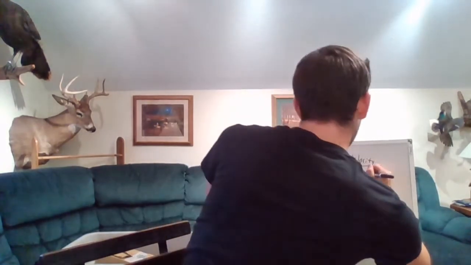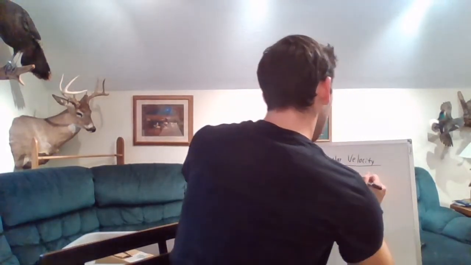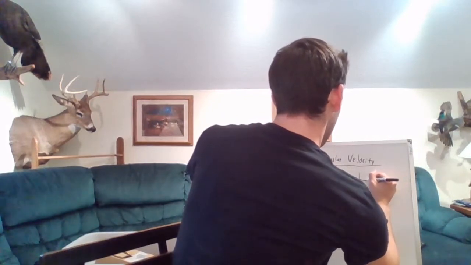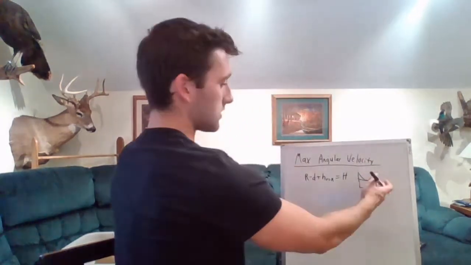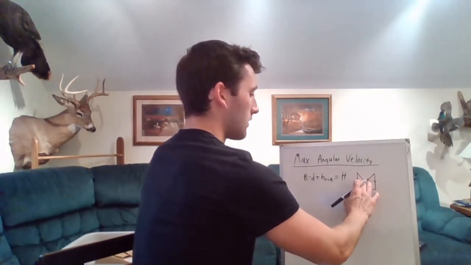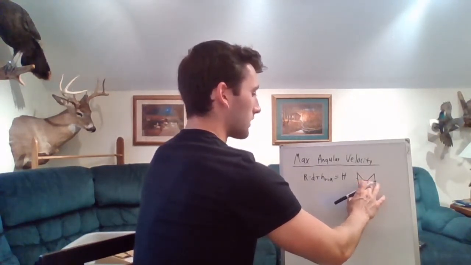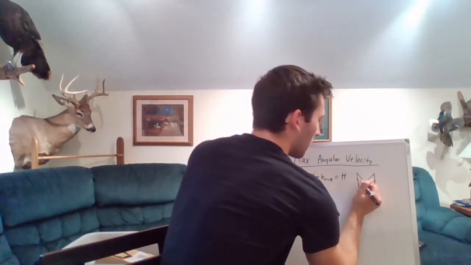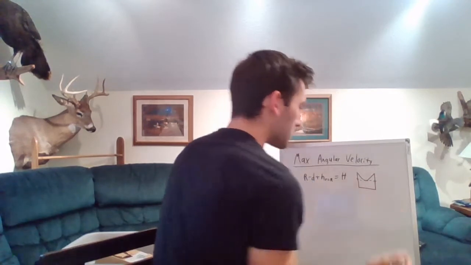So this is the cylinder. I'm trying to make this a dotted line. This is the cylinder.